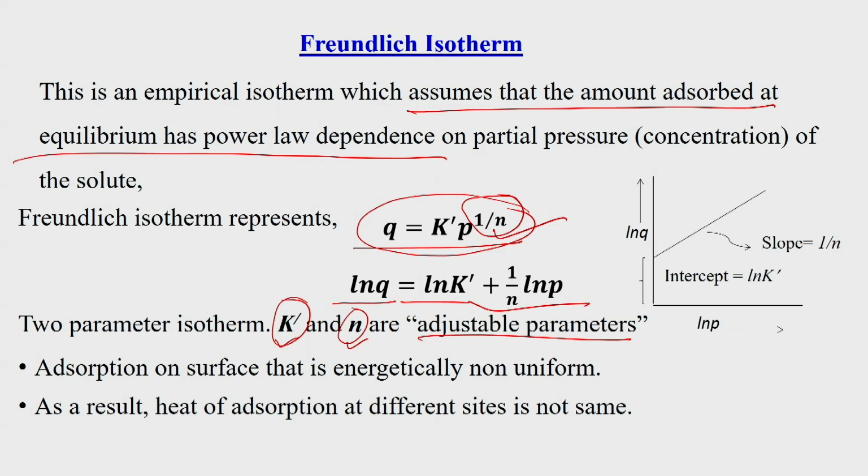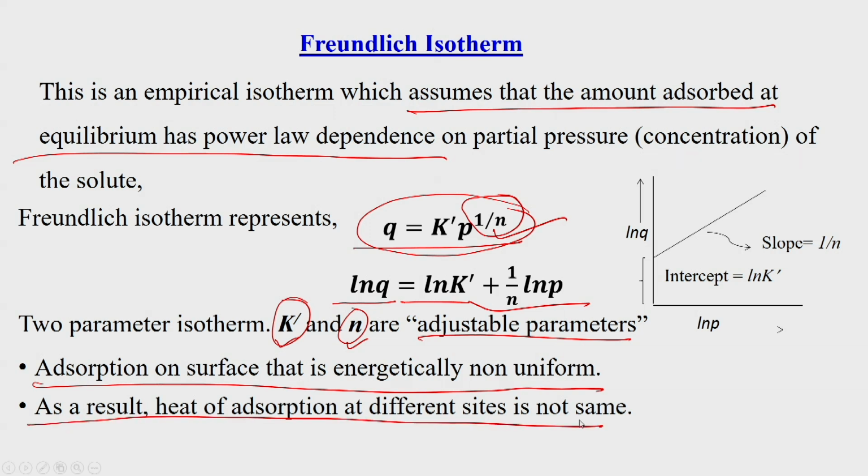Adsorption on the surface is energetically non-uniform. As a result, the heat of adsorption at different sites is not the same. And whenever we plot this equation, it is like y = m x + c.